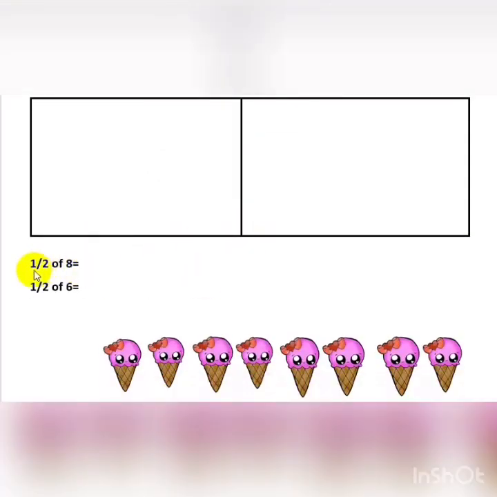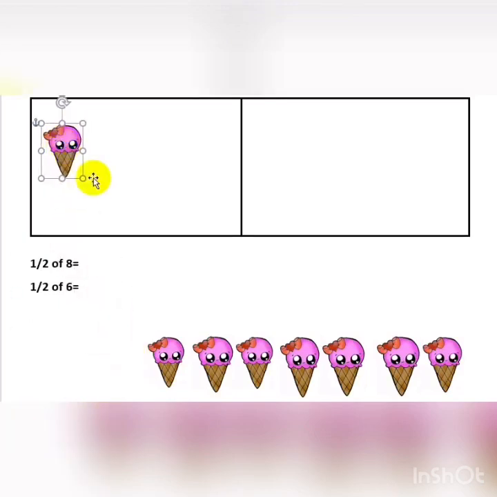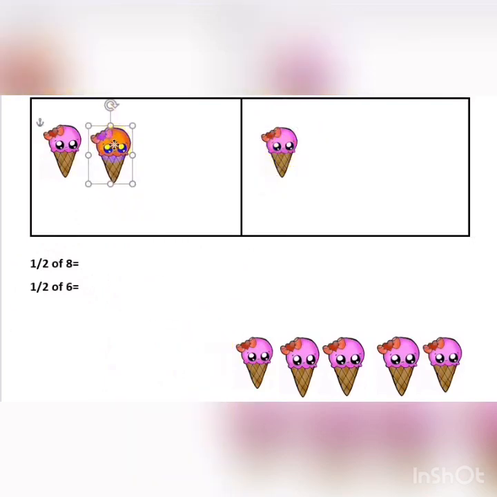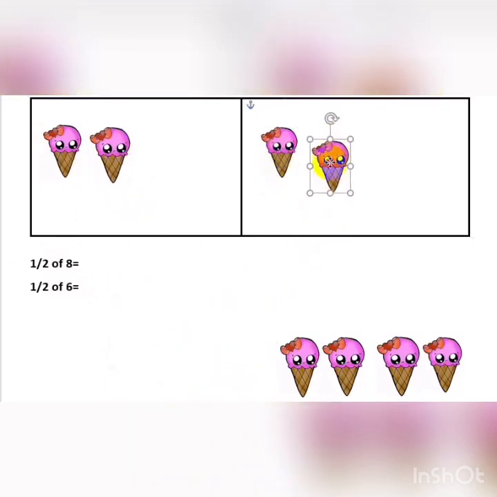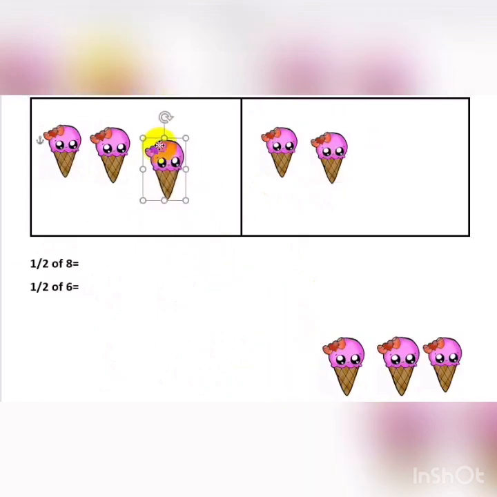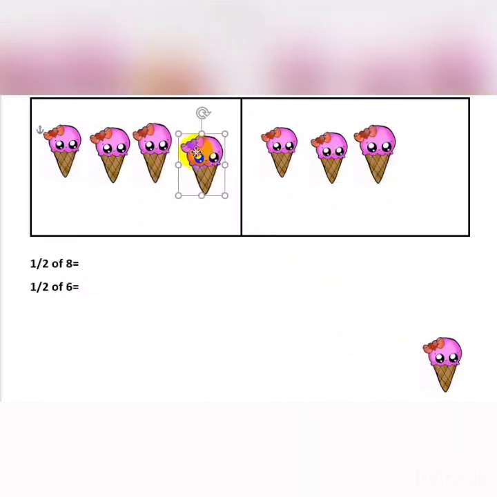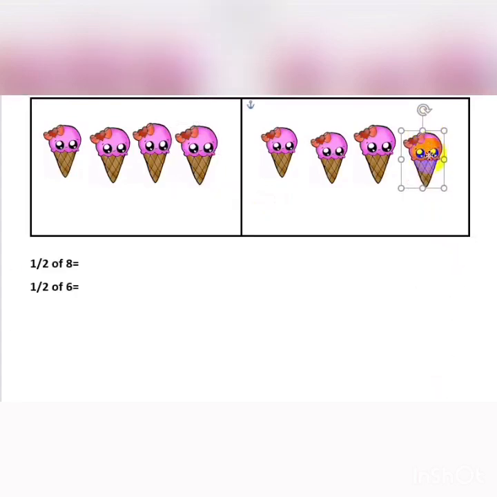For example, I want to find the half of 8 and half of 6. It is a very easy example. We can draw and find it very easily. So if I want to find the half of 8, what I'm going to do is I'm going to take this and put it here, that is 1, and in the other half 2, 3, 4, 5, 6, 7, and that's 8.